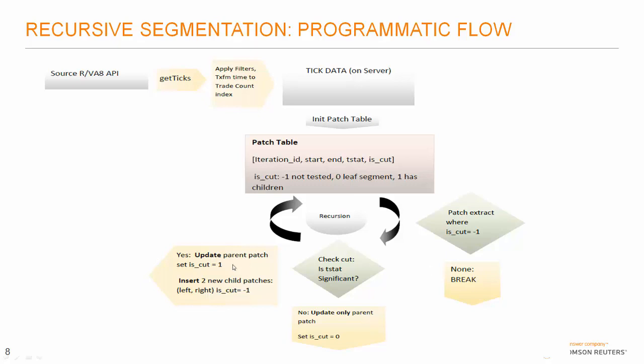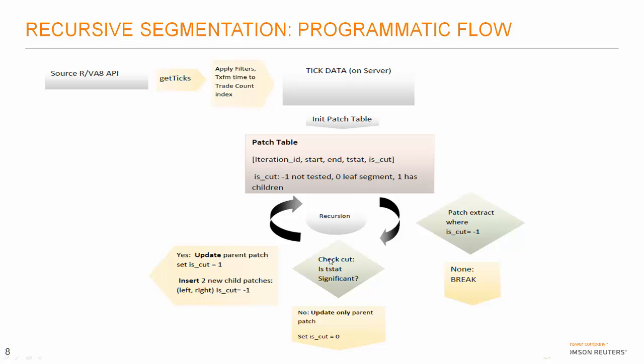Now, there are two choices. When there is a cut to be made, if the t-stat is deemed significant, then on the left we have to do an update, which means yes, the current patch is cut, and then we insert 2 new patches, a left and a right patch, each with an isCut flag of -1, meaning keep testing.